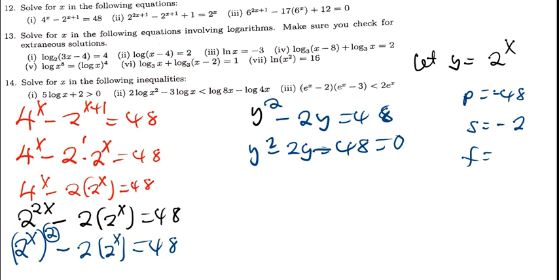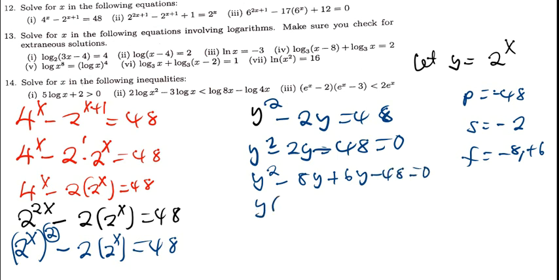So it's negative 8 and 6. If I do negative 8 times 6, negative 8 and positive 6, this and this give negative 2 and, multiplied, negative 48. Since the term having the square has a factor of 1, let me just do it the way you know it. I'll have y squared minus 8y plus 6y minus 48 is equal to 0.